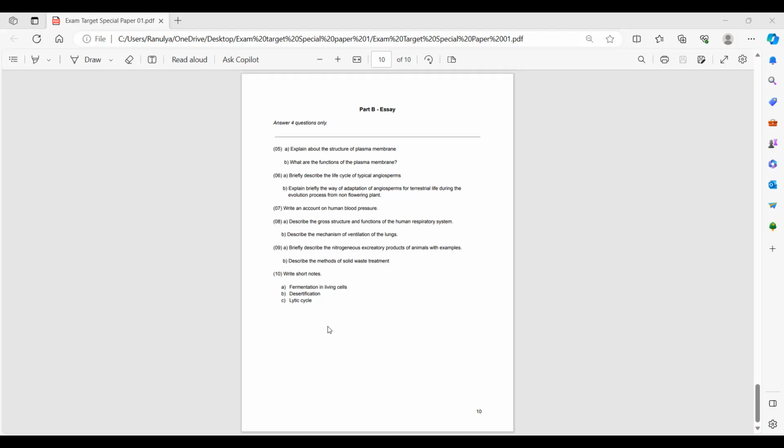As a result, the pressure within the lungs decreases relative to the outside air. Next point, this creates a pressure gradient between the atmosphere and the lungs. Next point. Thus, air flows from a high pressure in the atmosphere to a lower pressure in the lungs.